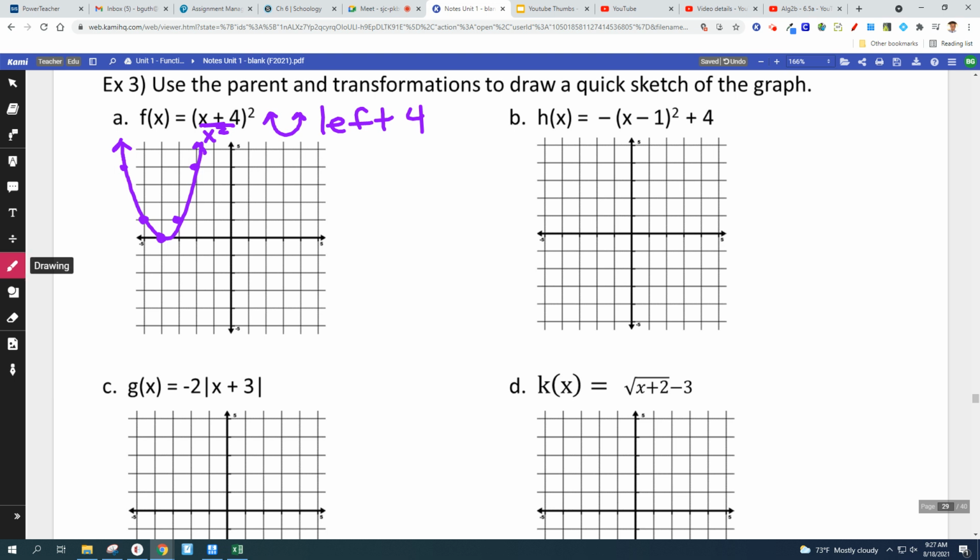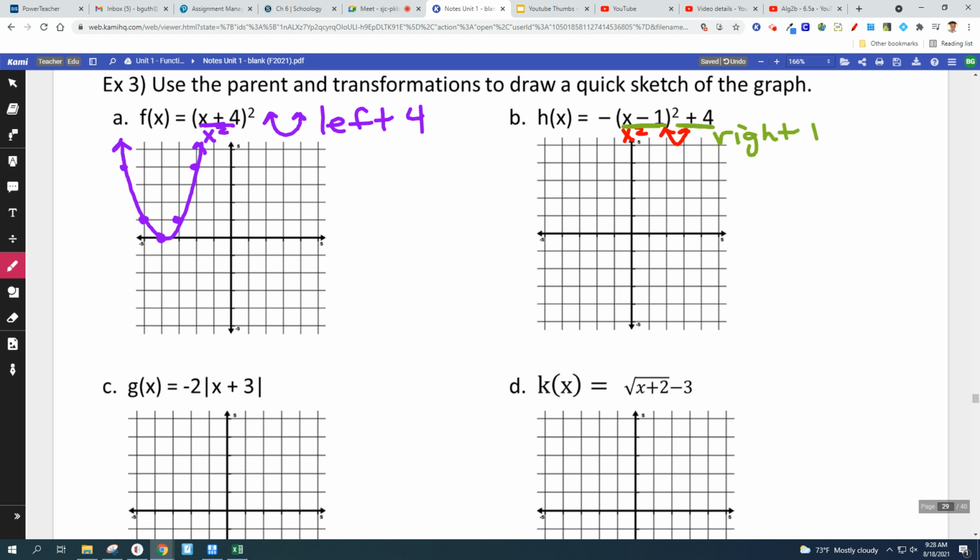All right. So we look at part B. And part B is also going to have an x squared in it. That's your parent function. So we know that's going to be a parabola shape. But we've also got some transformations. We've got right 1.